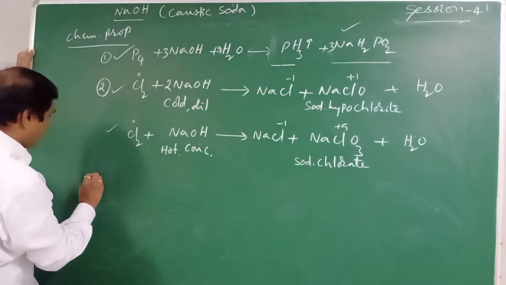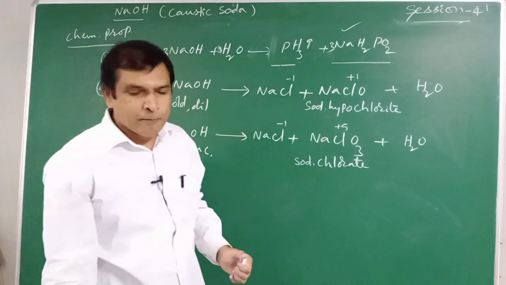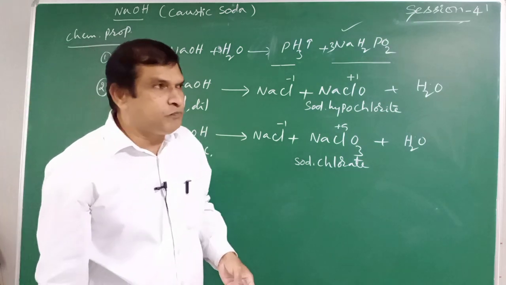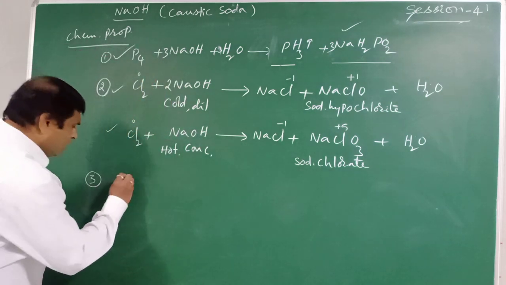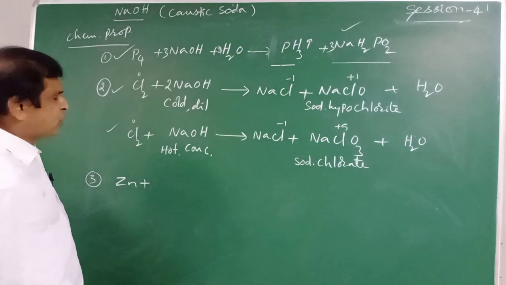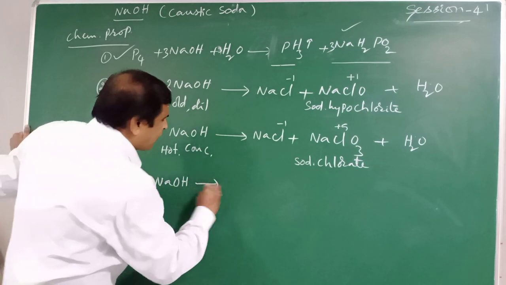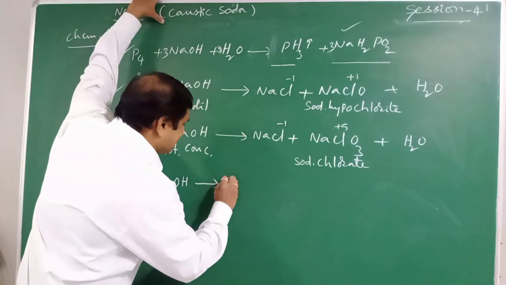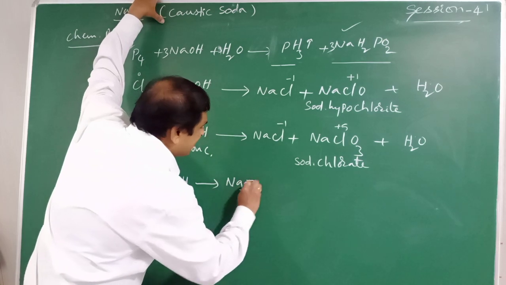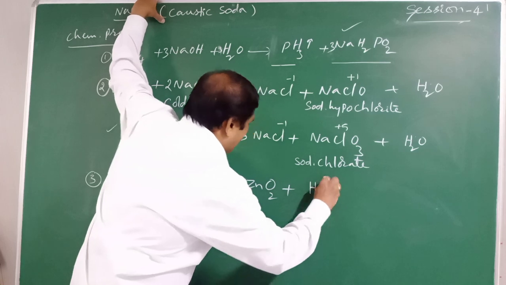Next, one more reaction: reaction with zinc metal. When zinc reacts with sodium hydroxide solution, it forms sodium zincate, Na2ZnO2, and liberates hydrogen gas.